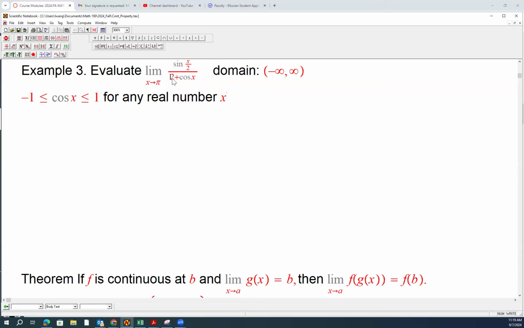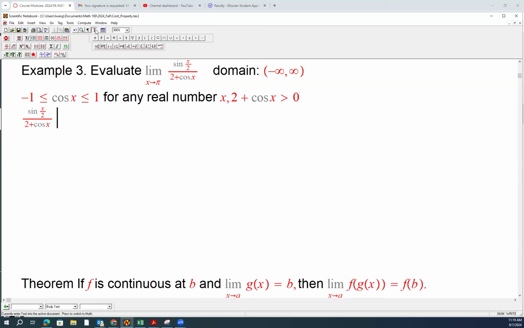So 2 plus cosine x is for sure always going to be greater than 0. If it's greater than 0, then it's not 0. So this function is continuous everywhere. So this function as a whole is continuous on the entire domain.